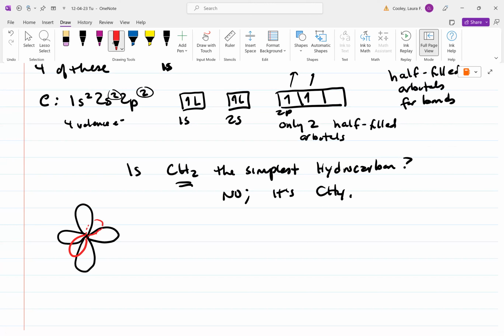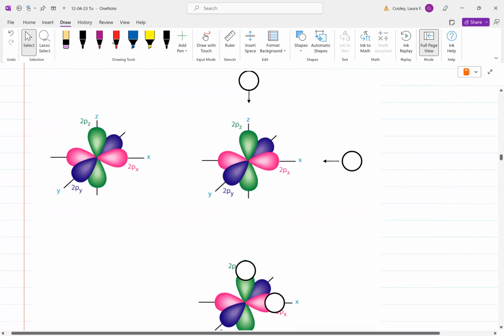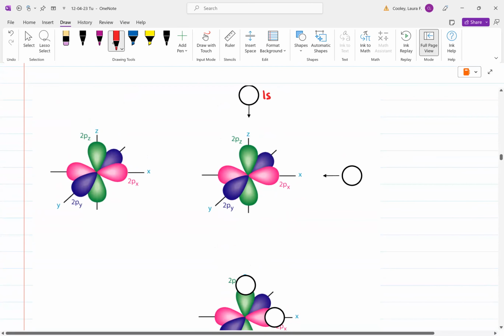We have one half-filled and another half-filled, and I can imagine having a hydrogen and another hydrogen. And here's a much nicer picture of it, right? Here you would have a hydrogen 1s approaching, and then you would have this half-filled orbital. But then you'd be making CH2.